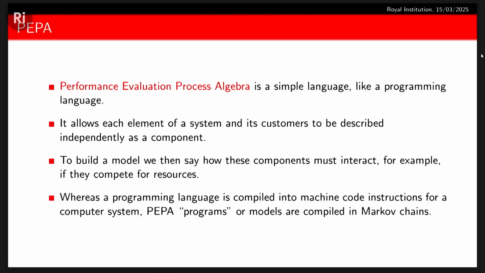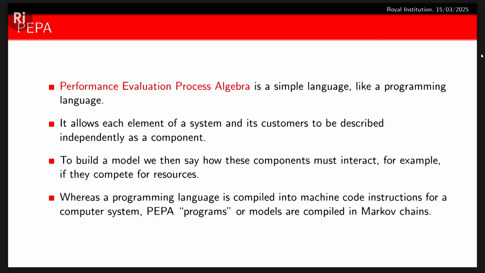So just like you do with a programming language, you describe the program you want, the model you want, in this case, the process you want, and then you give it to another piece of software, a compiler, and this time what the compiler will give you is a mathematical model, a Markov chain. So what the process algebra is focused on is the components within our system.